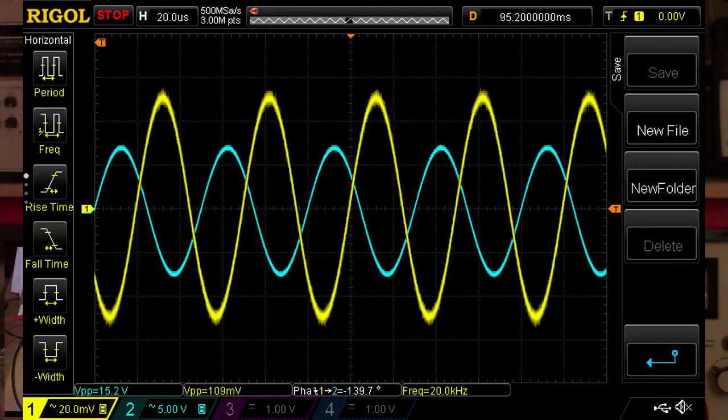And right now we're at 15 volt output swing. Our input voltage is still about 100 millivolts, and our phase went down from 180 down to 139, so we're close. So this amplifier runs all the way out to 20 kilohertz very easily.